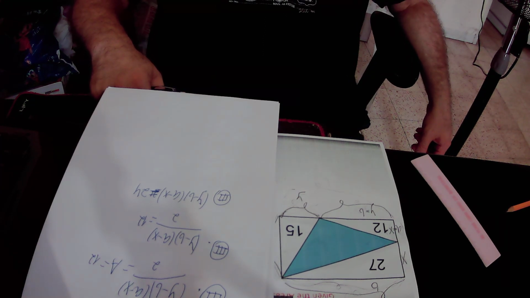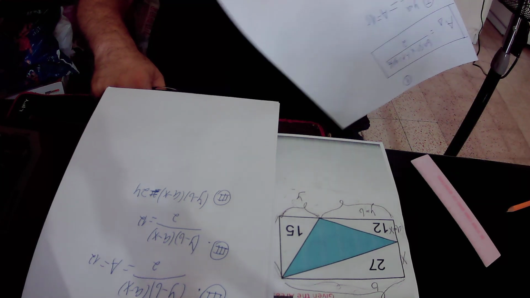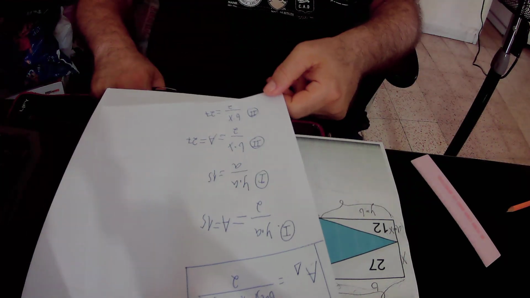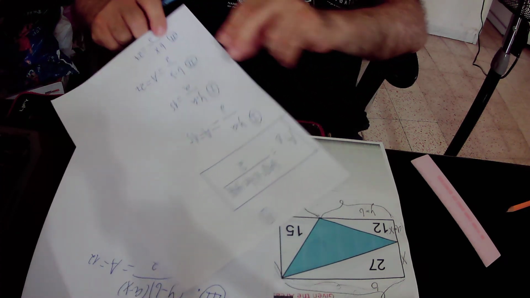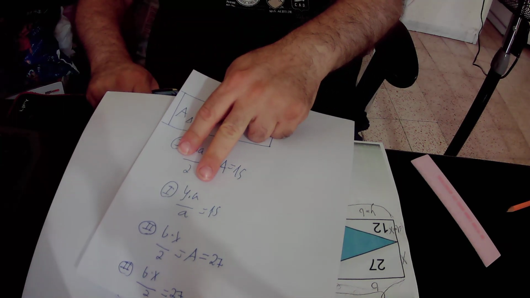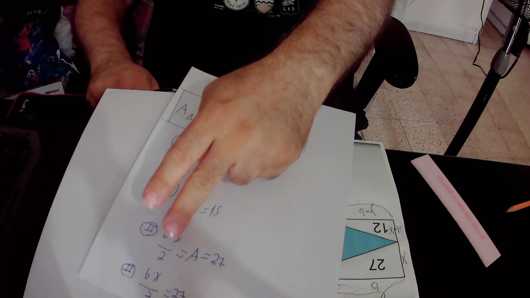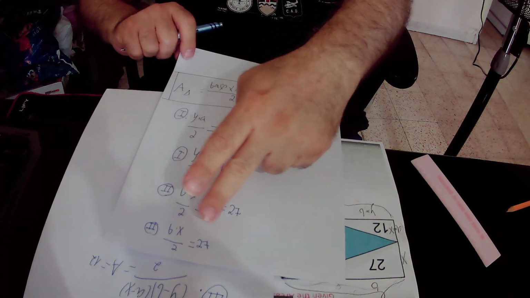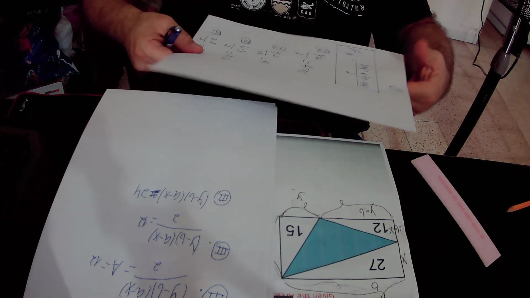The next step is to take out x and y from their equations. First of all, we will take y out of the first equation, and then we will take x out of the second equation. So we'll start with y.